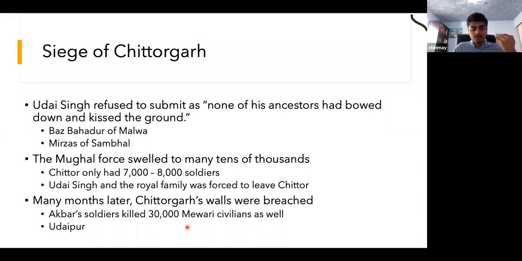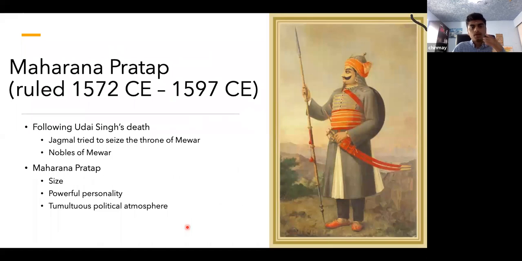And Uday Singh retreated and had a new capital built. Chittorgarh was the capital, and they had a new capital built, which was eventually called Udaipur. Following Uday Singh's death, Jagmal, the younger brother of Maharana Pratap, tried to seize the throne of Mewar.